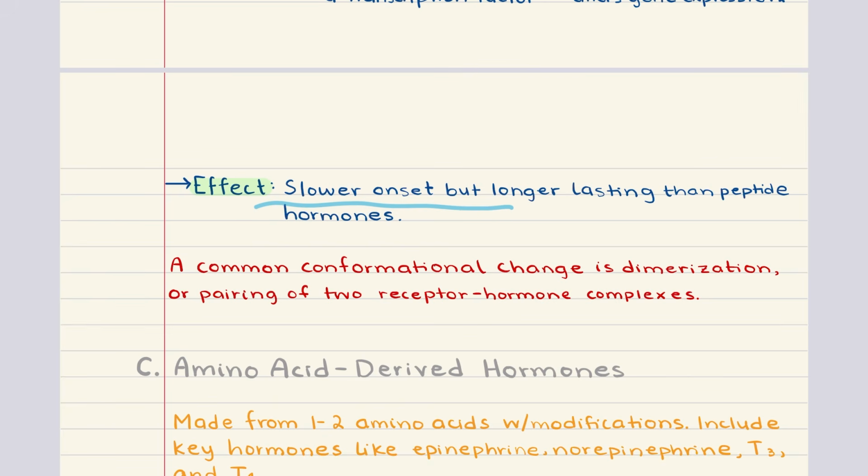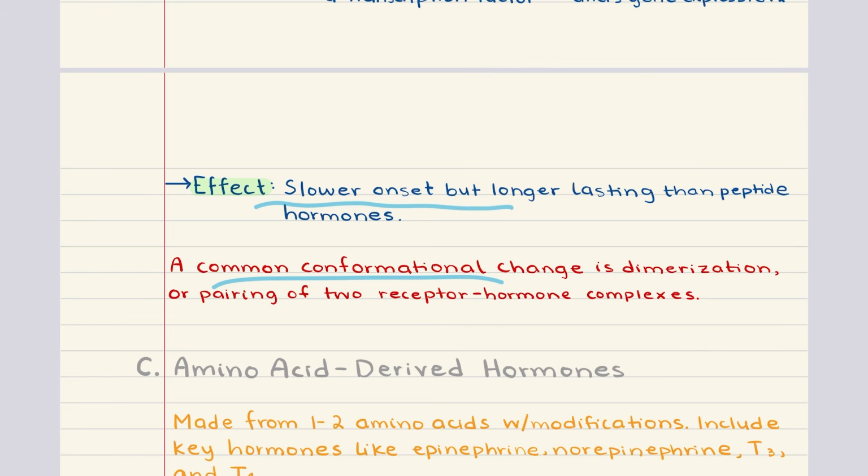Now, one common conformational change that occurs after the hormone binds to its receptor is called dimerization. This is when the two hormone receptor complexes go ahead and pair up. Why do the two hormone receptor complexes pair up to begin with? Well, it helps stabilize interactions with DNA, and it allows gene transcription to proceed efficiently.